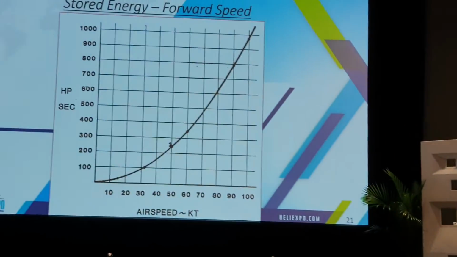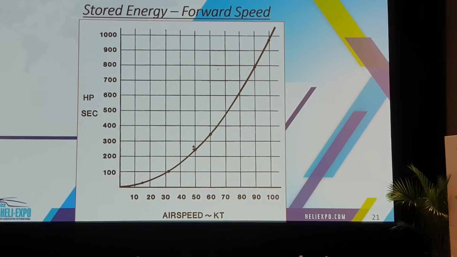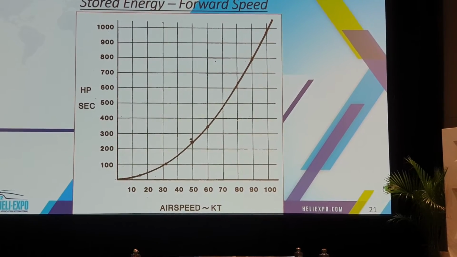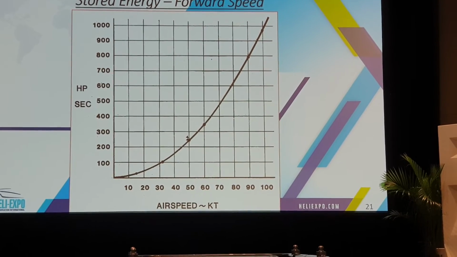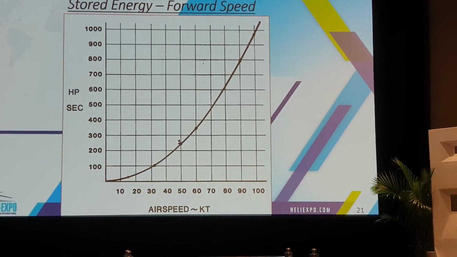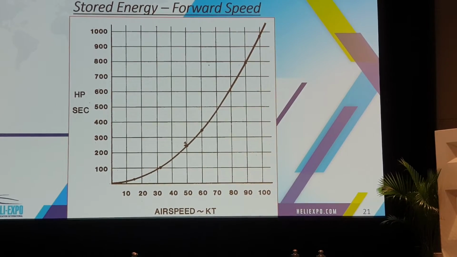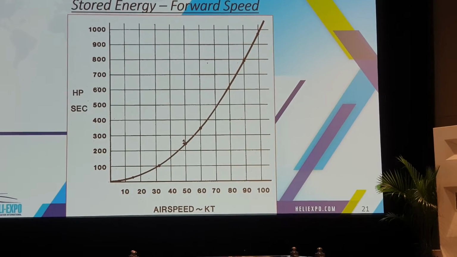Here's a chart that shows the amount of stored energy in the forward speed of an R-22 at various different airspeeds. You notice we have airspeed along the bottom, and energy along the left-hand side, expressed in horsepower seconds. So 1 horsepower second of energy would be the amount of energy to produce 1 horsepower for 1 second.